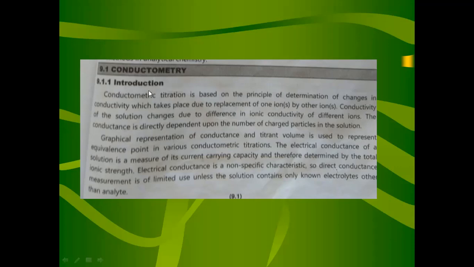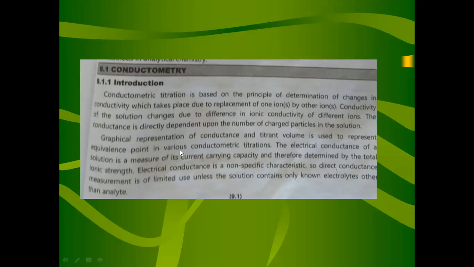Now, if we plot a graph, the graphical representation of conductance and the volume of titrant, that is, how much solution we add from above or from the burette, what is the effect of that, whether the current or the conductance is increased or decreased.